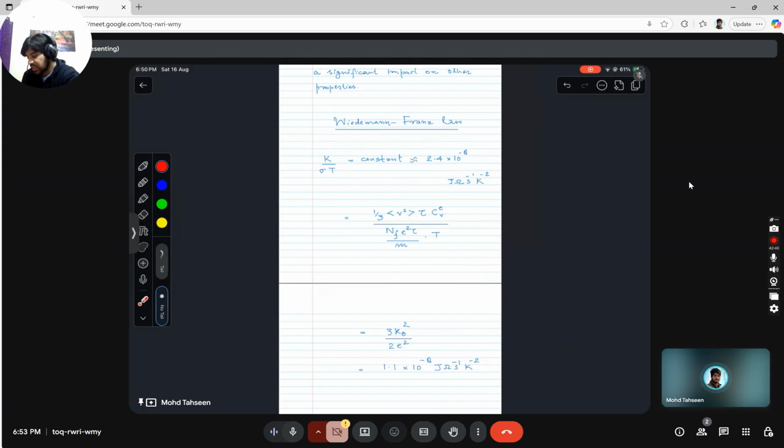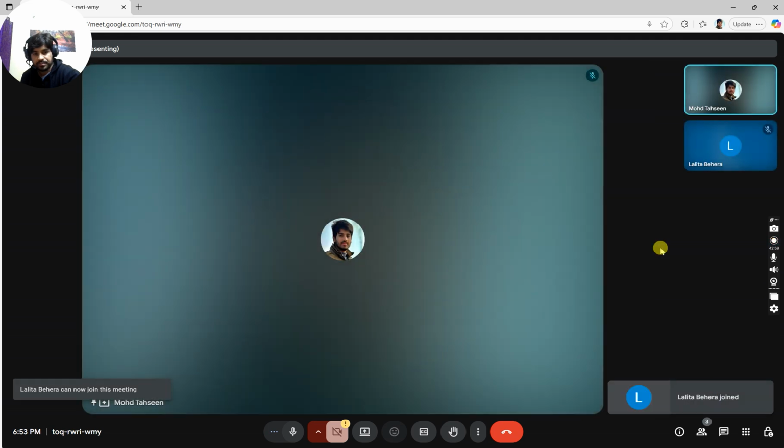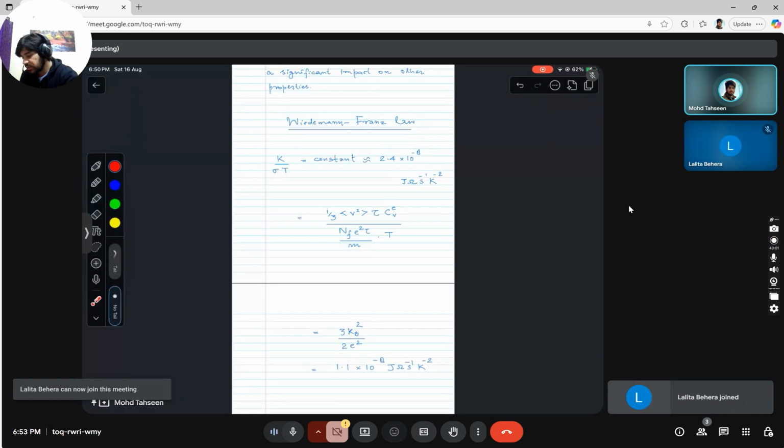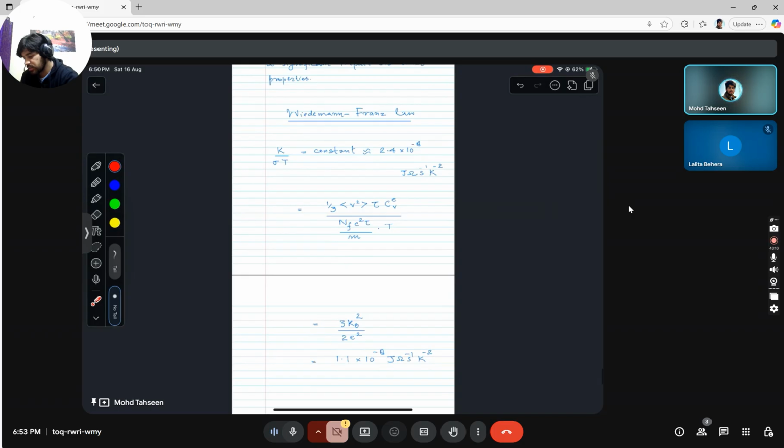But the reason they agree is because CVE, the electronic contribution to heat capacity, is underpredicted by an order of 10 to the 2. And similarly, if we look at the mobility, this factor is overpredicted by a factor of 10 to the power 2. These cancel each other, and we are left with this.